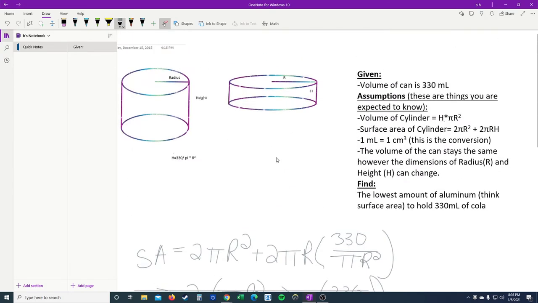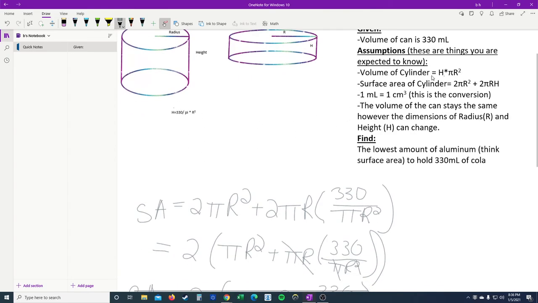So again, just to recap, we have a can, which can be represented by a cylinder. We have the equations for volume and surface area. We're given volume, so then we can write an equation for height. We rearranged it. We plugged in the volume right here, so that's 330. And so we have the formula for height.